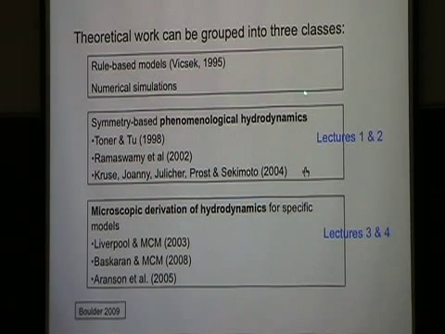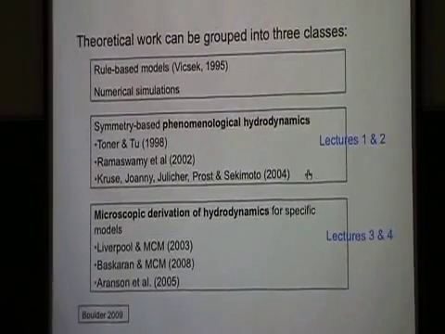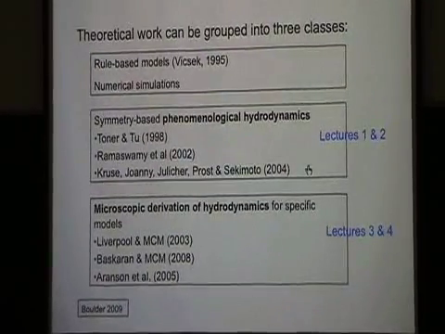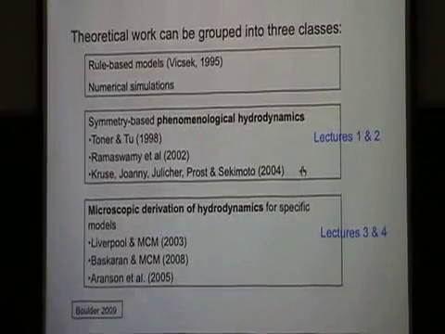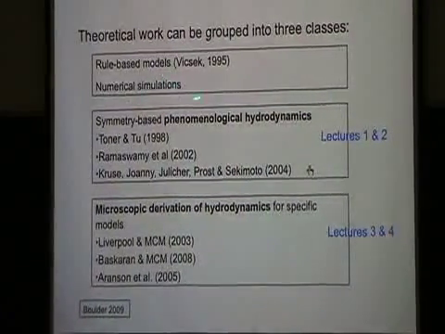And I will tell you a little bit, mostly next time, a little bit today also, how we do this, how one writes down this phenomenological hydrodynamic equation. And it's a very powerful theory because it's generic, only depends on the symmetries of the system, and you can go very far with it.